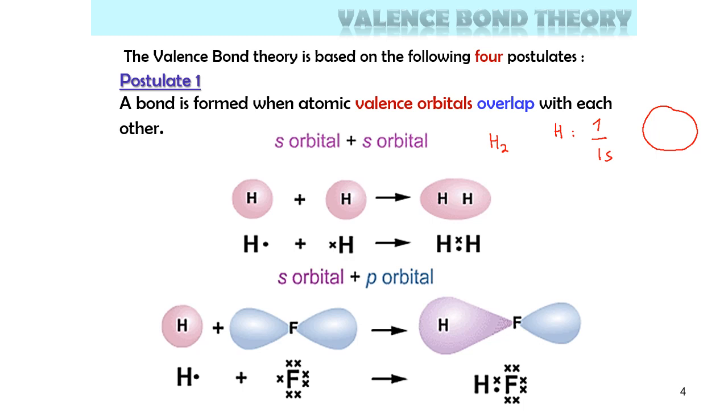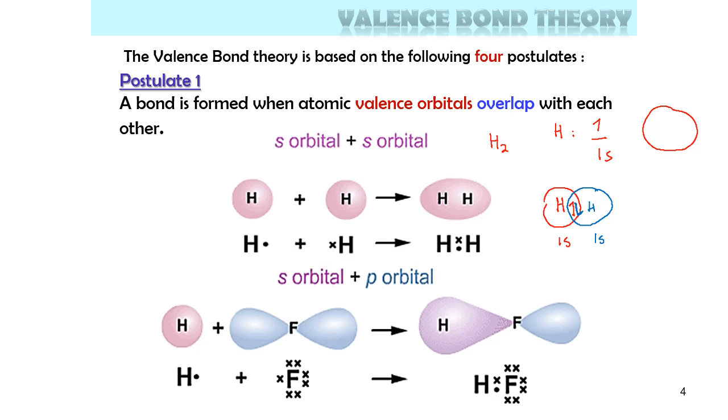When you combine two orbitals here, you will get overlapping in this form. One s orbital with one single electron will overlap with another s orbital of hydrogen atom, and the electron will pair up like this, with opposite spin.